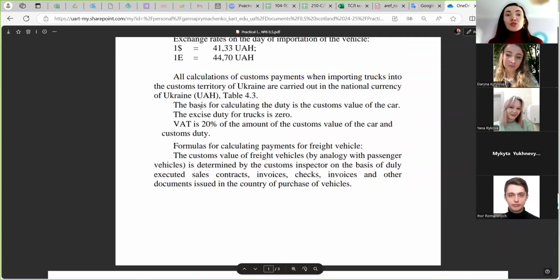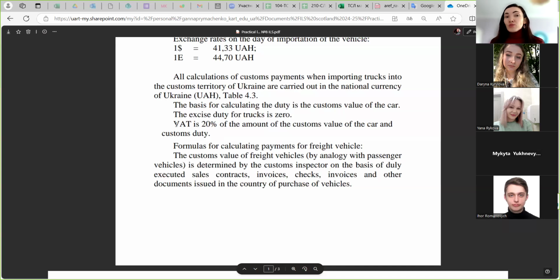So we also used the basis for calculating the duty is the customs value of the car. The excise duty for trucks is 0. It is important because in previous task 4.1, we also calculated excise duty, but it is only for passenger cars, but for heavy cars, freight vehicles, we don't use these parameters, and remember that the excise duty for trucks is 0.